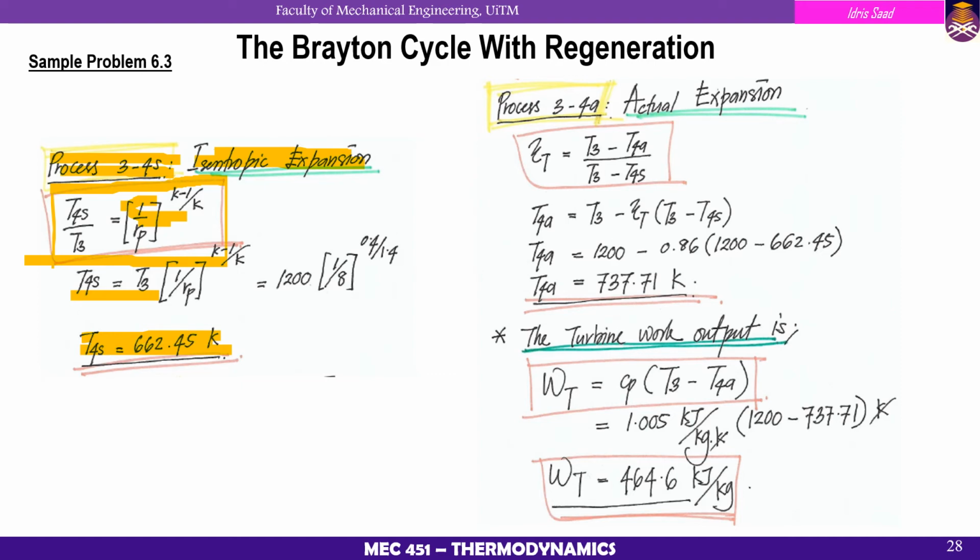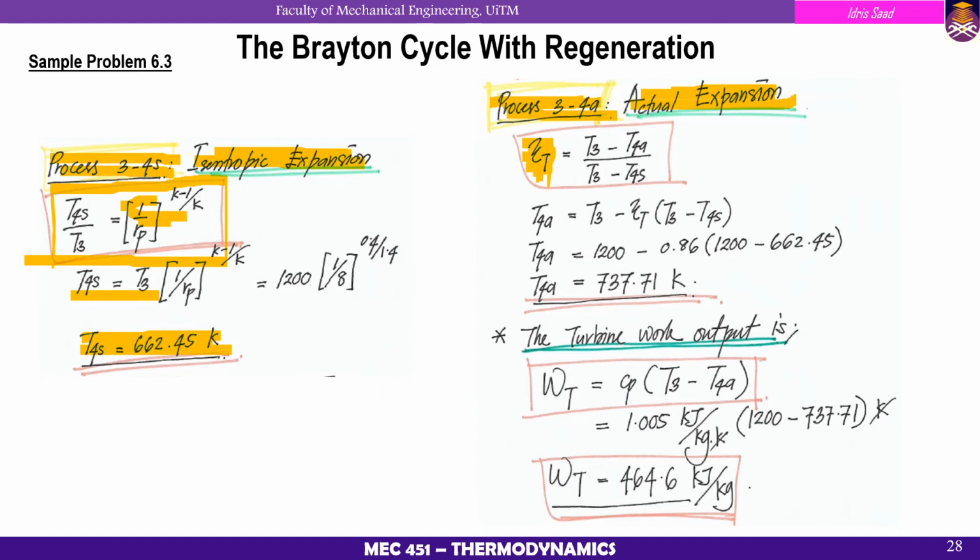Okay, next we can proceed to the process 3 to 4a. At this process, basically this is the actual expansion. For the actual expansion, as I said earlier, we have to use the equation for the efficiency of the devices. In this case, this is the turbine.